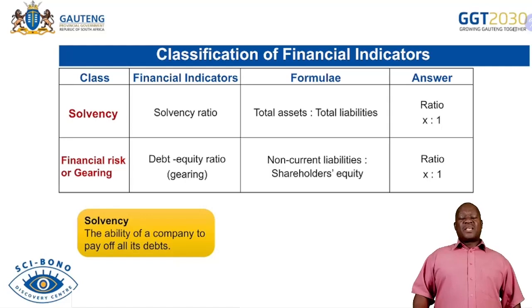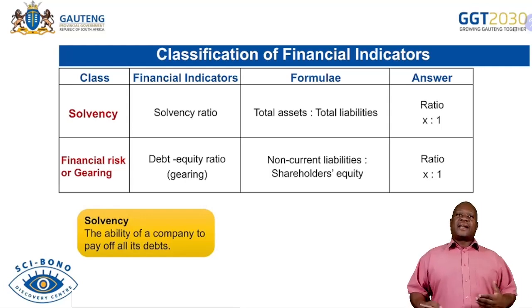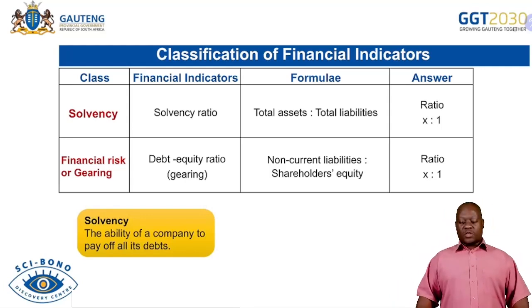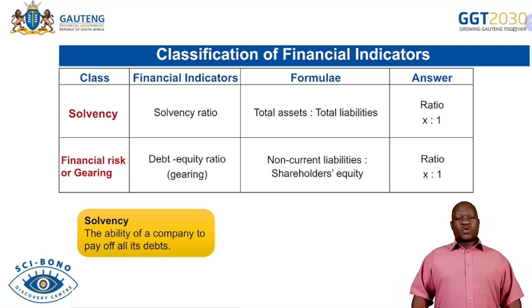A business that is relying too much on borrowed capital is far more at risk than a business that is relying more on its own capital, which is our ordinary share capital. So we are comparing our non-current liabilities as to our shareholders' equity.